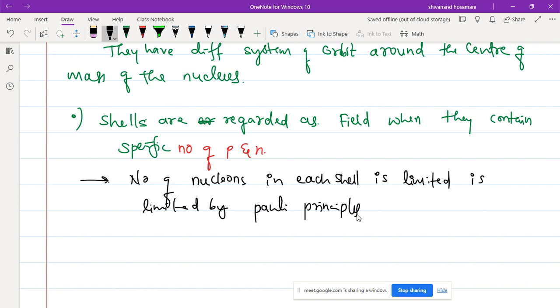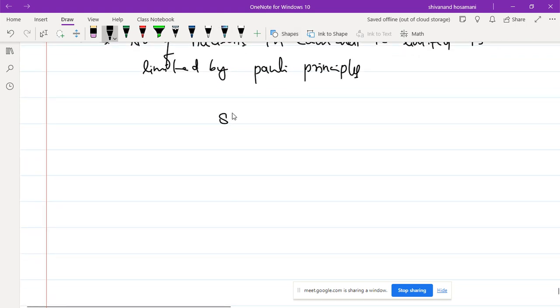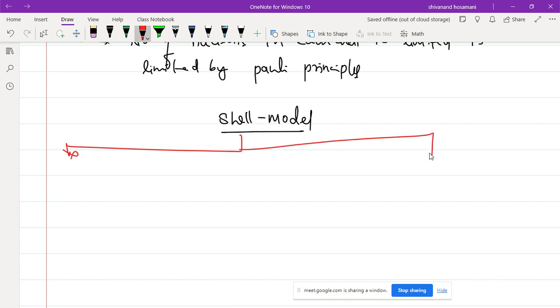The same shell model is classified into 3 different models, classified as 3 types. We make 3 model type assumptions. One is extreme single particle model.